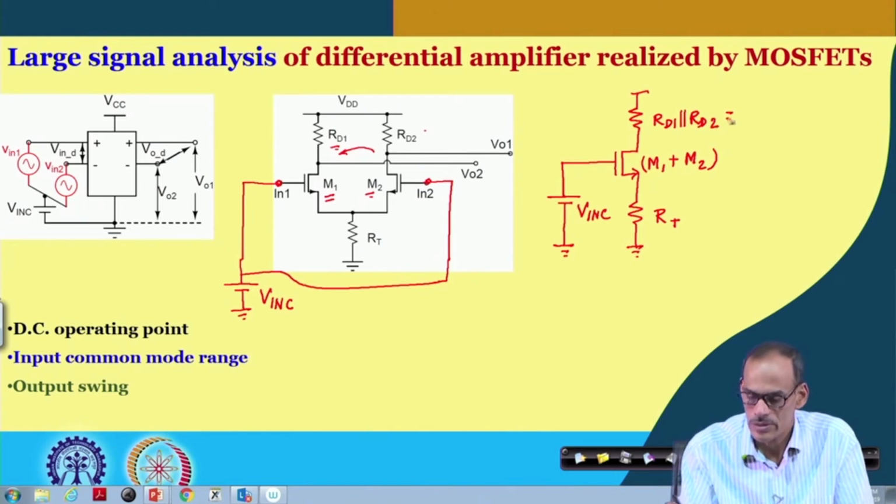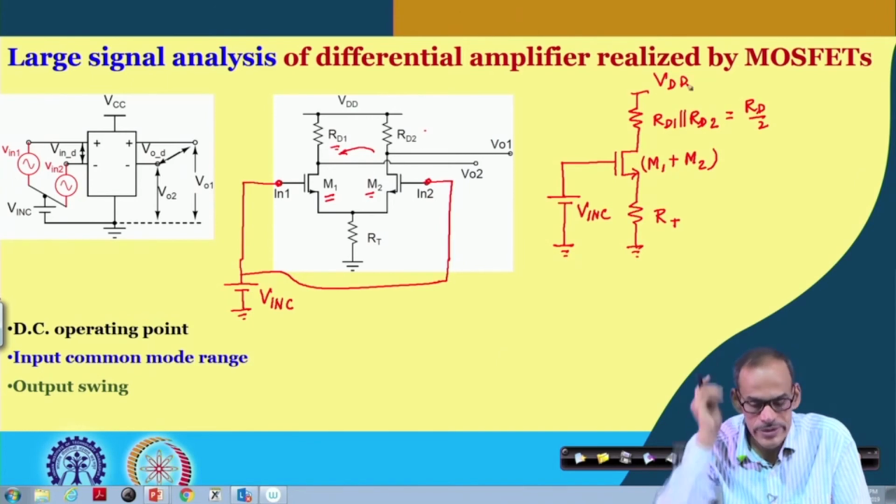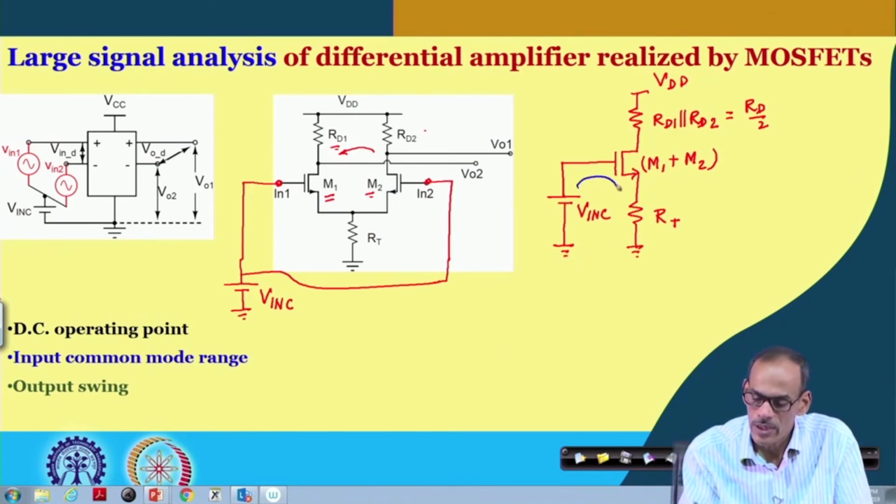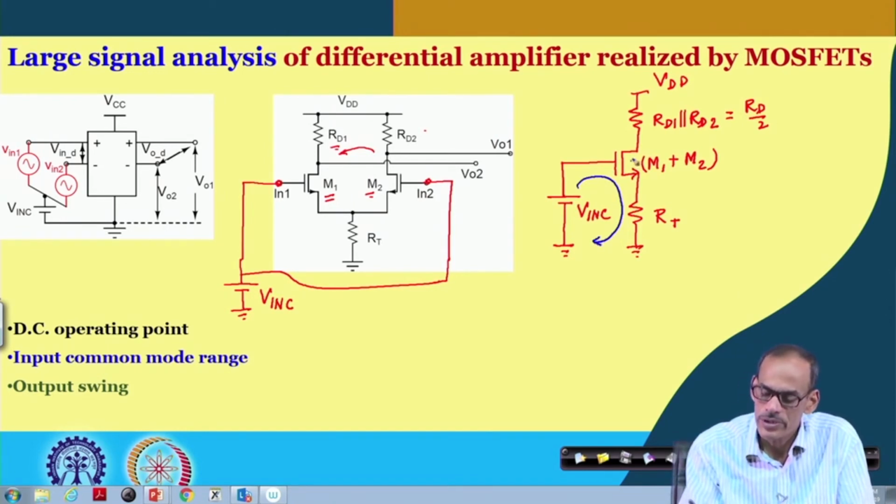In fact, if they are equal, you may say simply RD by 2, and then here we have the VDD. Now, for this circuit, if you may recall, if we analyze this loop, and the parameters of the transistors are given, namely threshold voltage and transconductance factor, from that we can find the corresponding current flow here for a given value of this voltage.